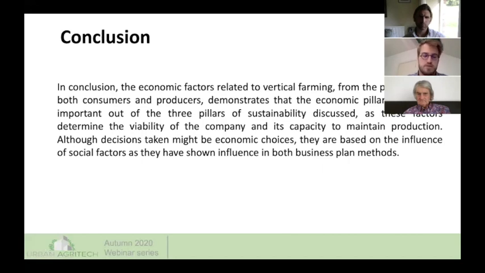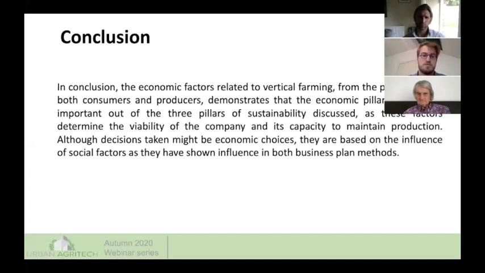Like briefly said before, it is true that the economic factor is the most important, as if a company does not bring in enough money to cover all its liabilities, there's no potential of it being sustainable through time.